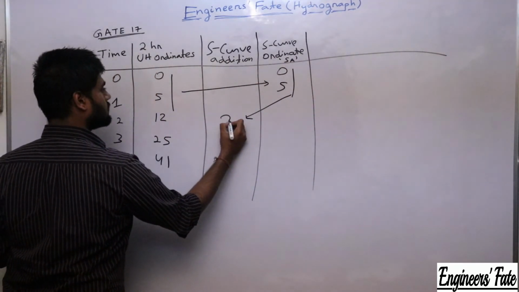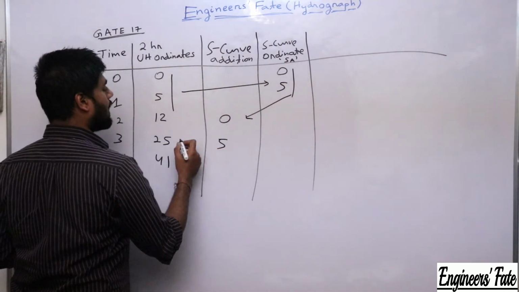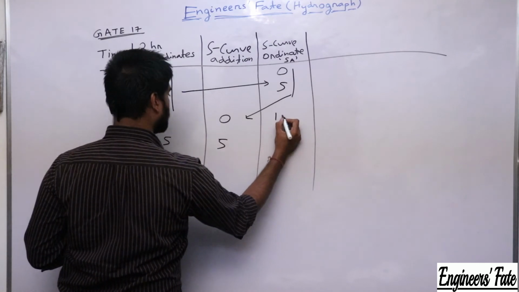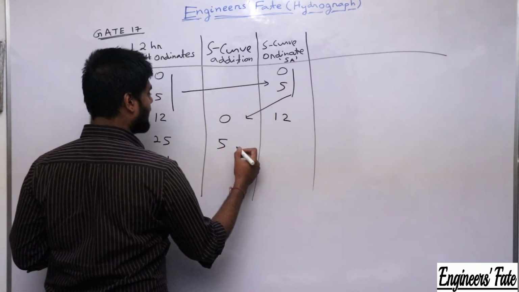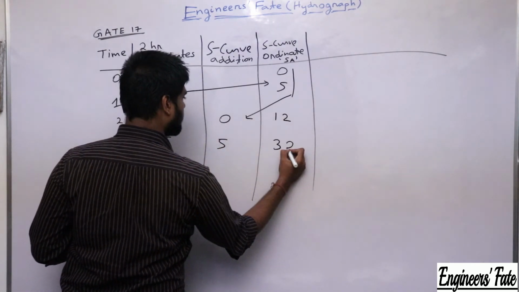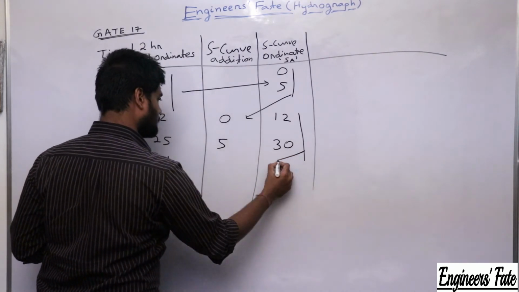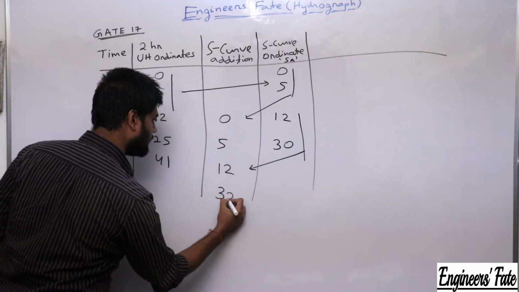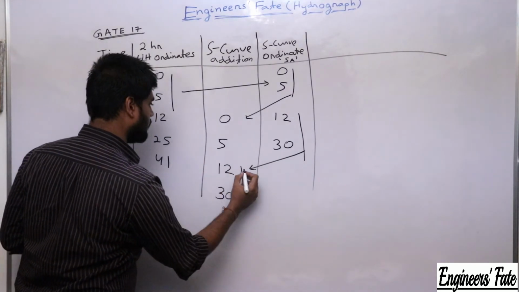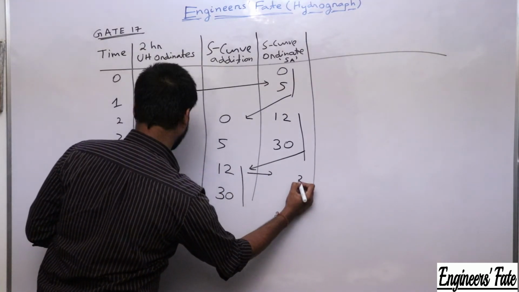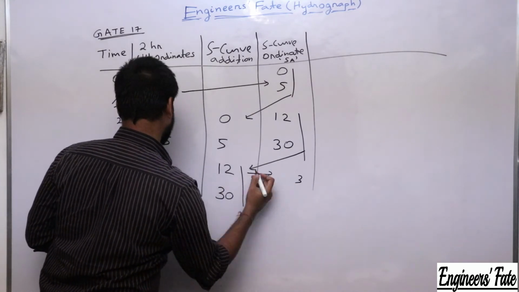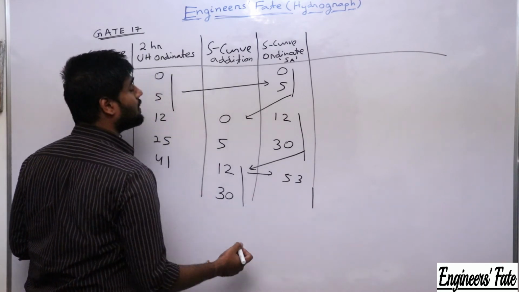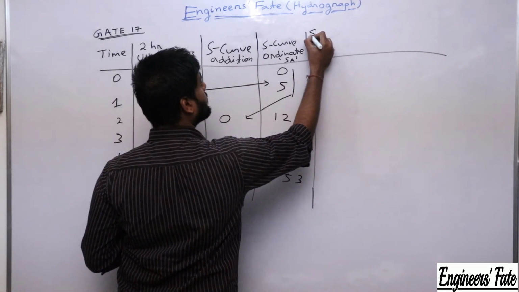So 0 and 5, and I have to add 12 plus 0, that will be 12, and 25 plus 5, that will be 30. Again this will come to 12 and 30. So 41 plus 12, that will be 53.